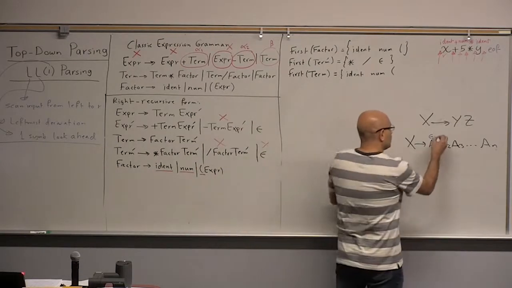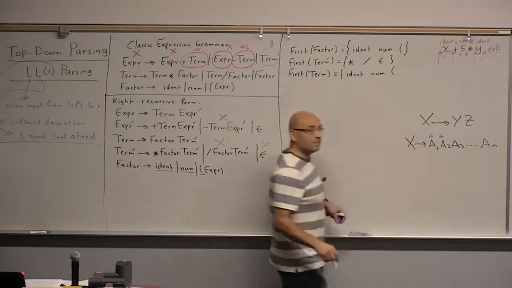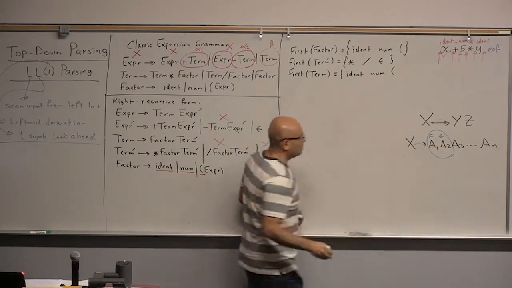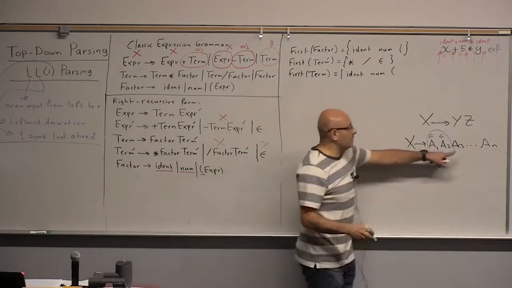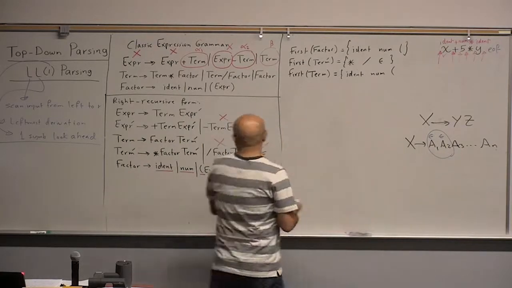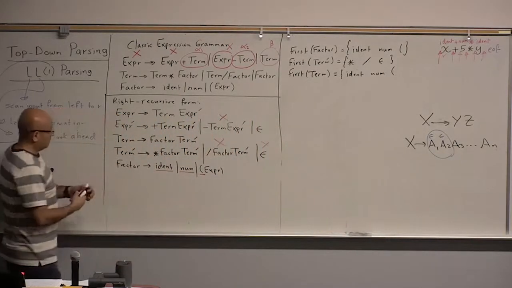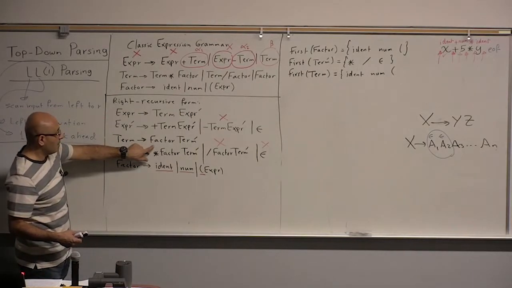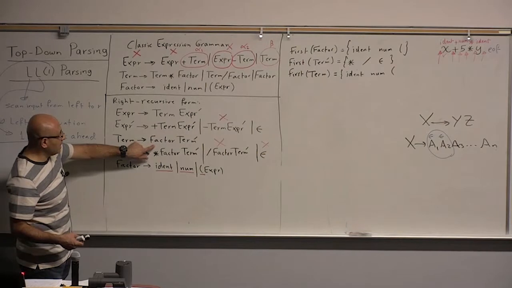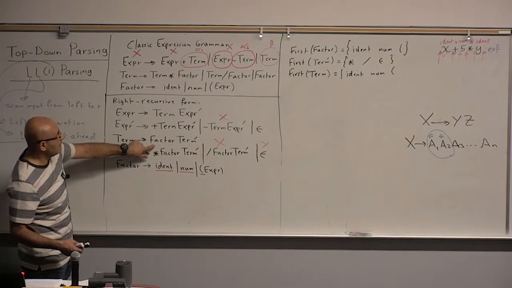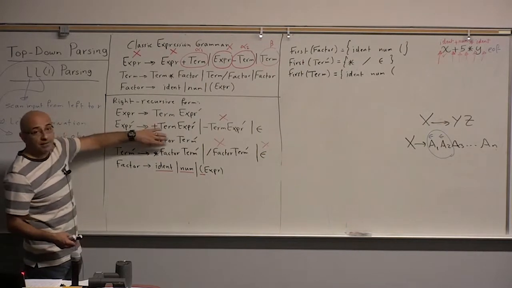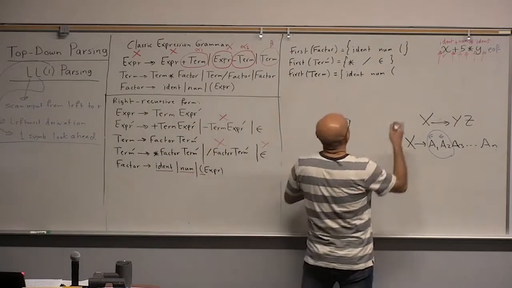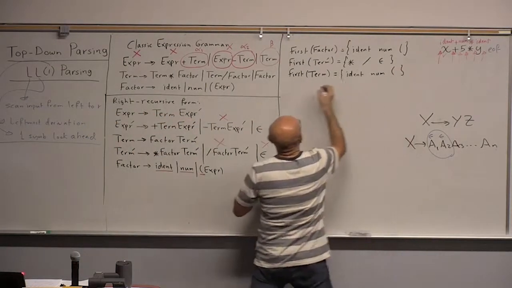And if a2 has epsilon, you should add the first of a3. Why? Because these may vanish, and an x may start with an a3. Now, in this case, our a1 is factor. Does factor have an epsilon in its first set? It does not. So I just stop at factor. Okay, we'll do more examples, by the way, on first and follow. So in this case, I will stop here.